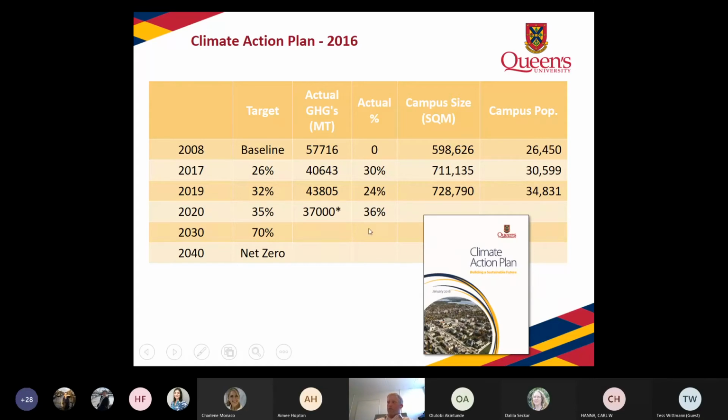So what I find really interesting about this, and I have a few more slides to outline this, is that even though these emissions have gone down, our campus has actually increased in size, and our campus population has grown quite significantly as well. And there's two main drivers to this. We have instituted quite a few projects to reduce our emissions, but the other really big factor around this was that the electricity grid in Ontario became a lot cleaner with the phase out of coal.